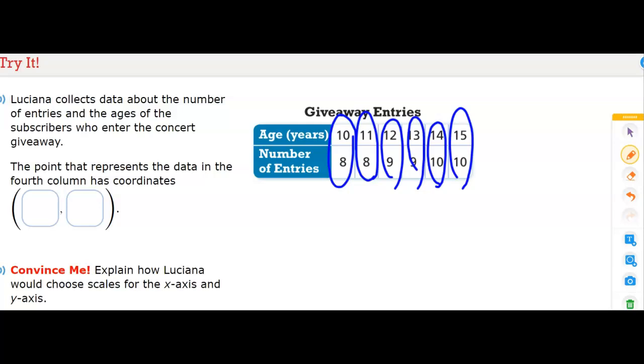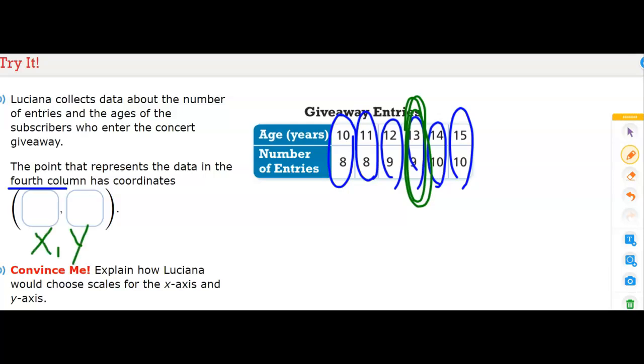So it says the data in the fourth column, so I'm just going to use a different color. The fourth column is, let's see, 1, 2, 3, 4. The fourth column will be that column, and we should remember that when you're graphing, you have an X and a Y coordinate.